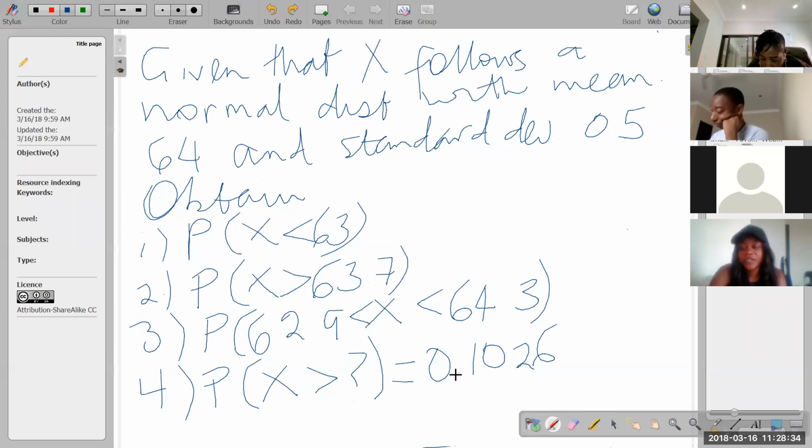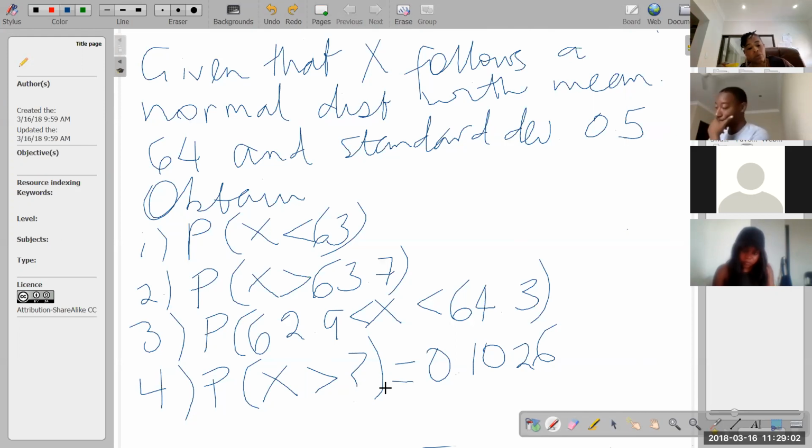Would you take us through it? Let me work backwards. It says probability of x equal to what gives you 0.1026.